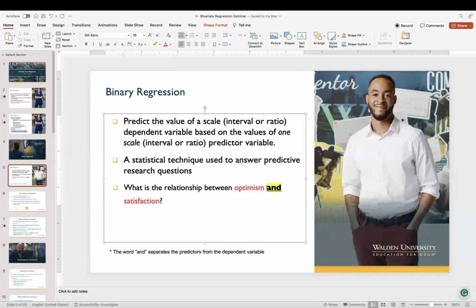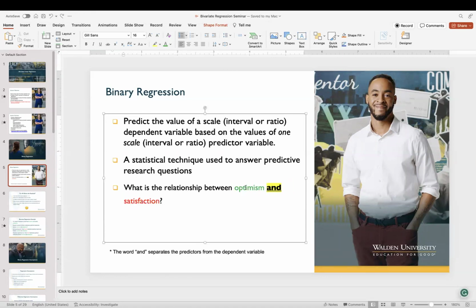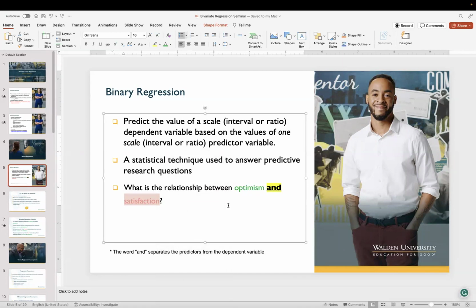And that variable that sits to the left, which I'm going to now turn green, always comes first. That's the predictor variable. The predictor variable comes first, and then the dependent variable comes after that. And that's what we call temporal order.